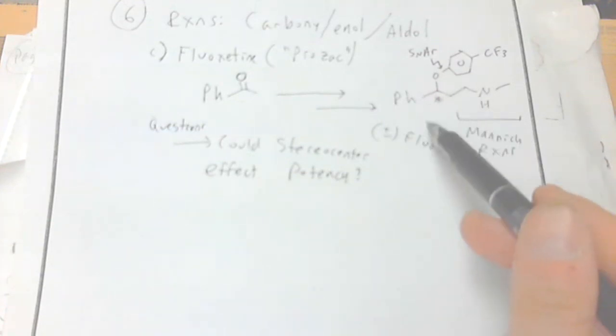If it would, then you could potentially make the single enantiomer, right? Plus minus really means a mixture of R and S. We'll show that in a second. But could you make the pure R fluoxetine or the pure S fluoxetine and maybe obtain an increased potency, right? That's a reasonable question.